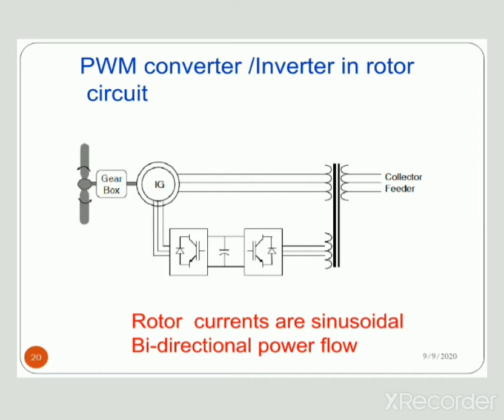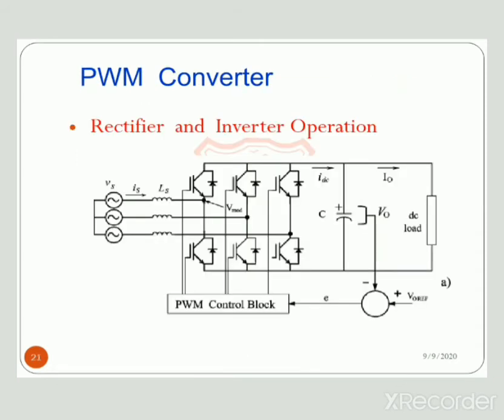The PWM converter has a number of electronic components, and the rotor currents are sinusoidal. A bidirectional power flow system is applied to the induction generator and it is smoothly activated. So that is the PWM converter and inverter. Next, the PWM converter, we can also say the rectifier and inverter operations.